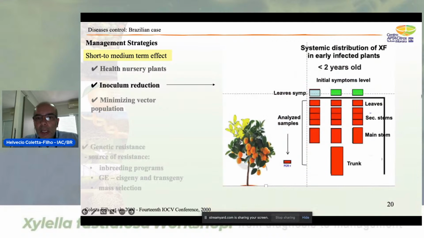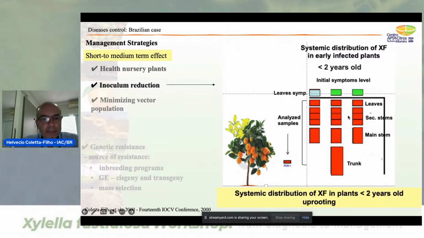In plants with symptoms that are less than 2 years old, the bacteria spread systemically through the whole plant. So we recommend uprooting these plants rather than pruning the diseased branch.